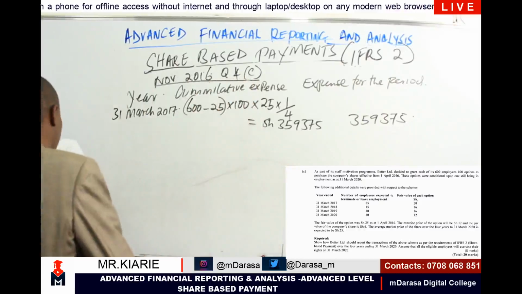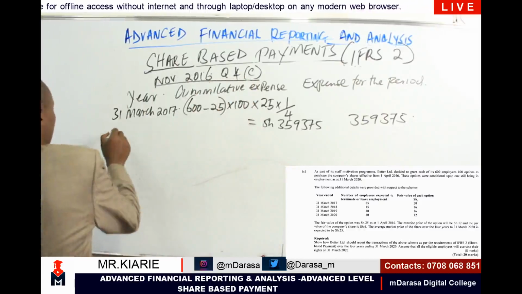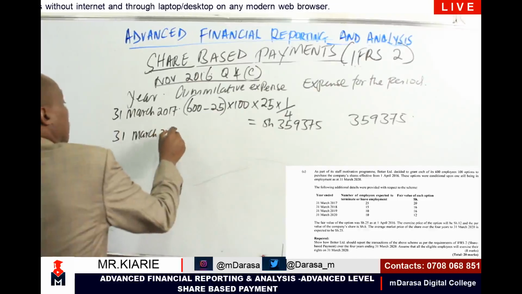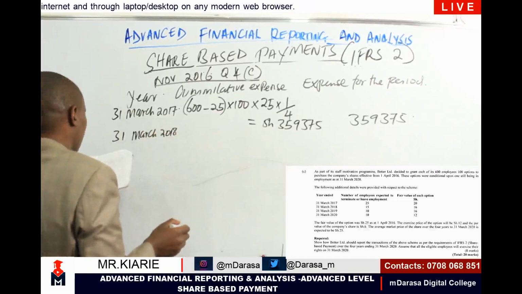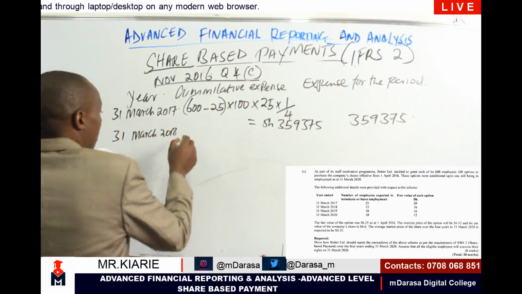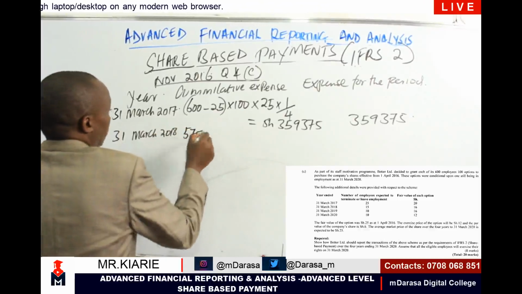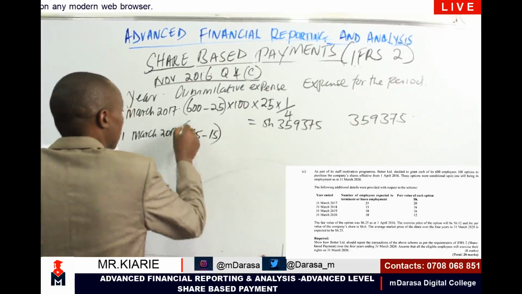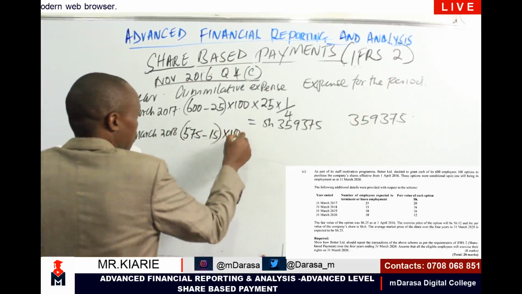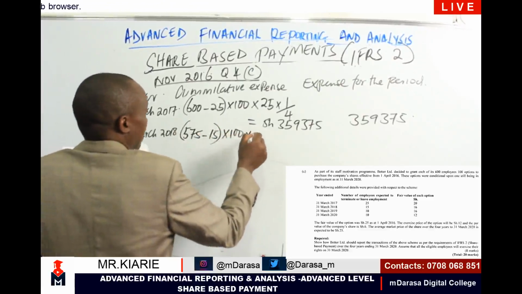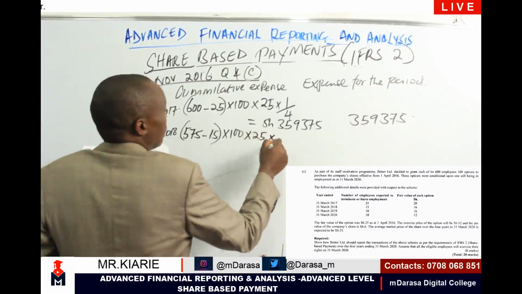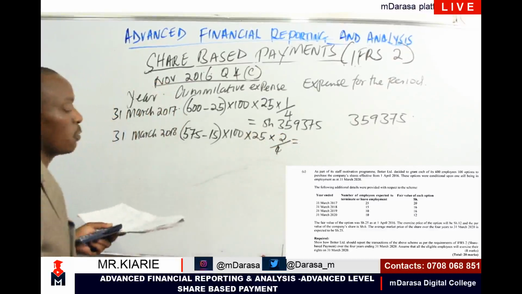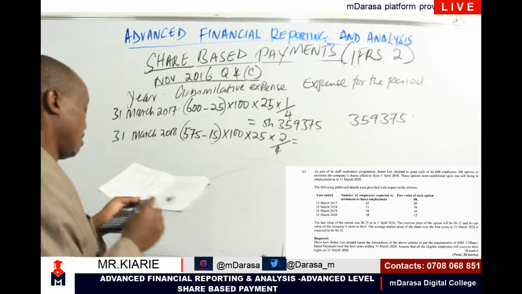The other one is 31st March 2018. This is 575 remaining employees, minus those who left in year 2, which is 15, times 100 options, times the price at the grant date, which was 25, times 2/4, which is the weighting factor for the vesting period.